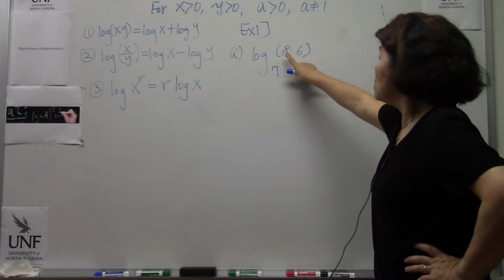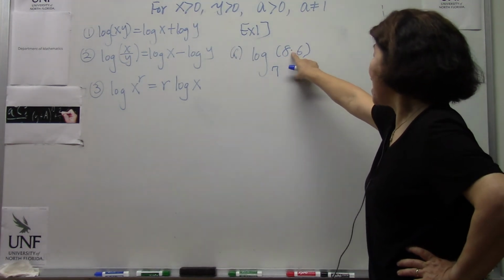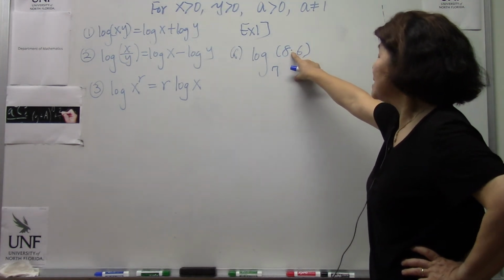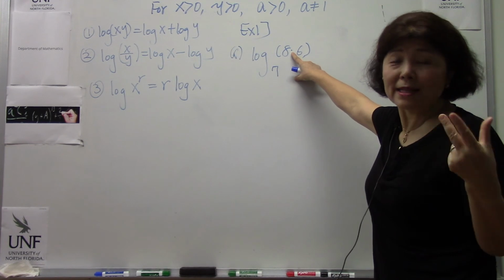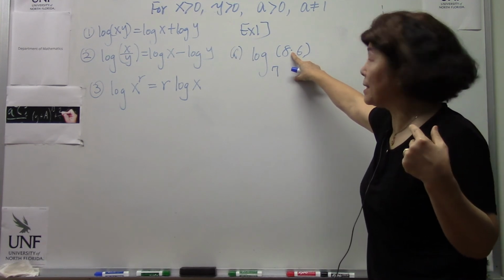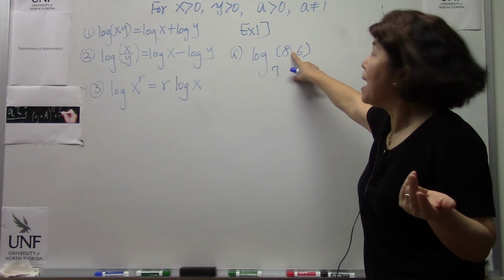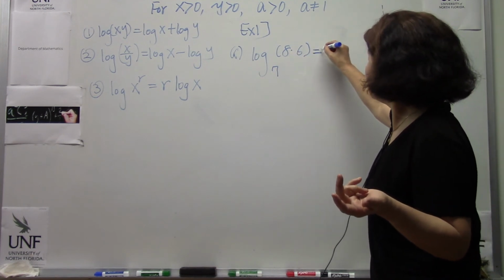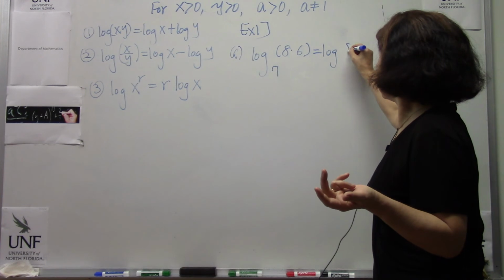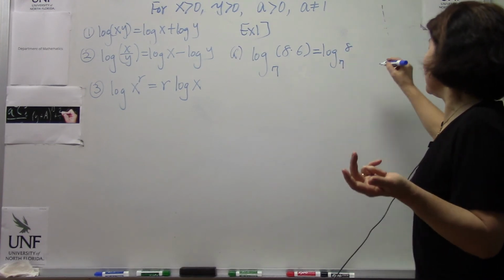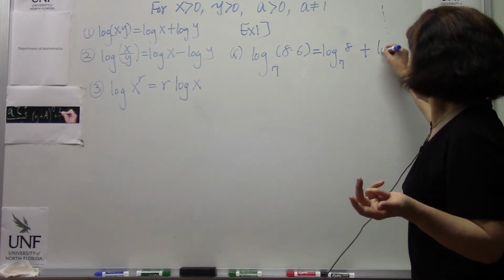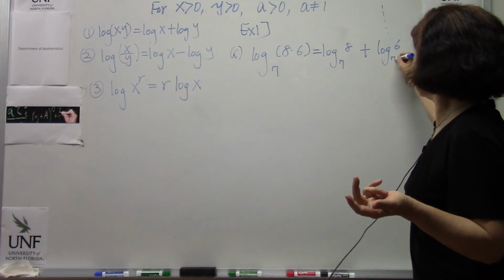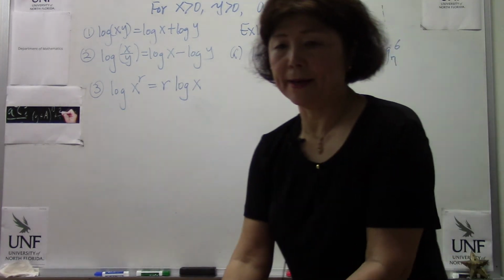All that matters is 8 times 6. Instead of thinking about 48, it's not the point here. It's not testing your times table. 8 times 6 is a product, which means we can split it into two logarithms: log 8 to base 7 plus log 6 to base 7.